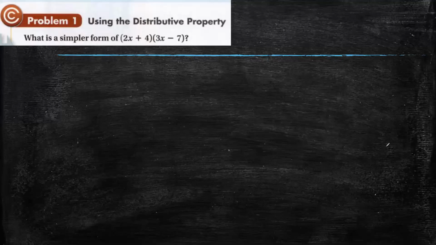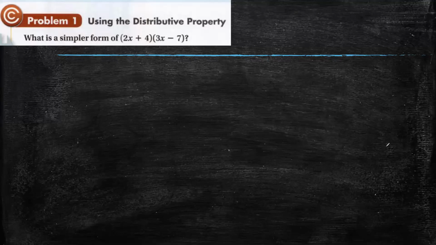In this lesson, we learn how we can use a table to multiply, or how we can use the distributive property. Let's start with the distributive property, as we did in the previous lesson.